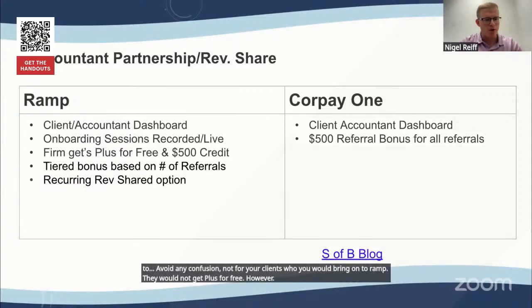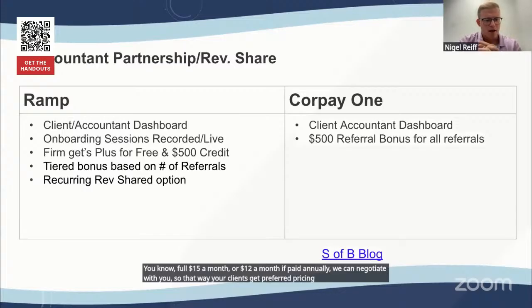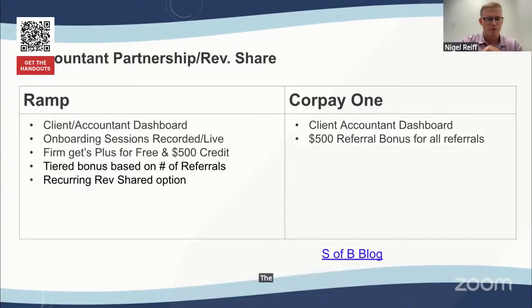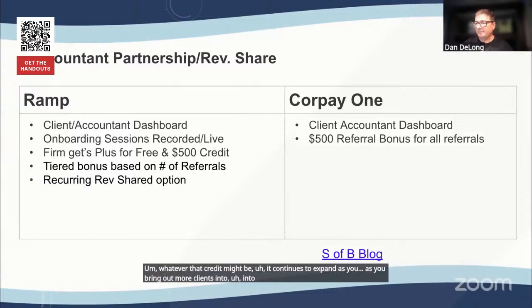However, through our partnership, you can negotiate more preferred pricing. So instead of paying the full $15 a month, or $12 a month if paid annually, we can negotiate with you so your clients get preferred pricing by getting referred to Ramp through you. And then there are the bonuses you can get for referrals as well, and a tiered bonus based on the number of referrals. Whatever that credit might be, it continues to expand as you bring more clients onto the Ramp platform.